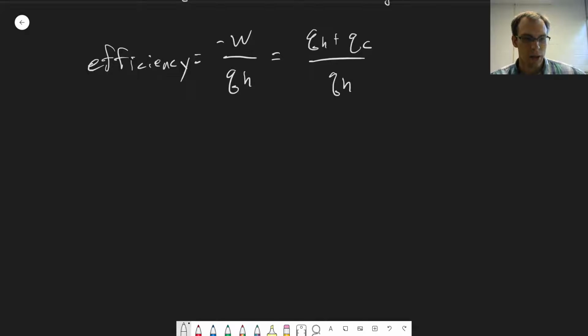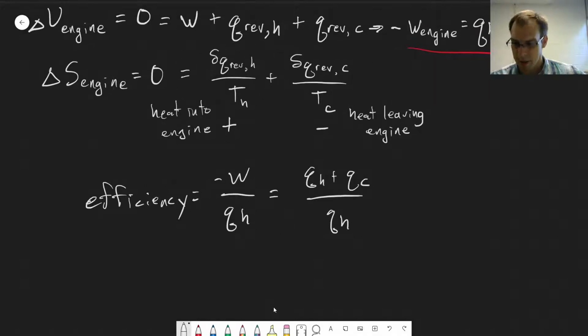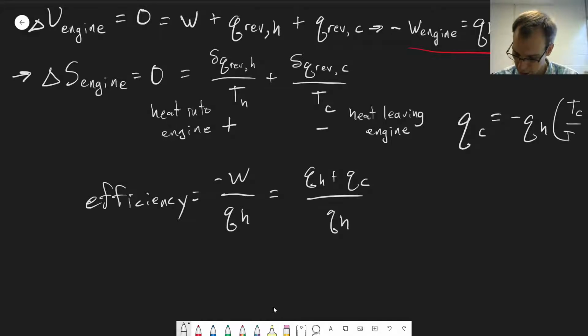Okay, so we've gotten something interesting here, but the other thing we can do is use this delta S equation here to now do things in terms of temperatures. We know that QC is equal to negative QH, just doing some algebra here, times TC over TH. And that just comes from rearranging this expression here. Since that's equal to 0, QH over TH is equal to negative QC over TC, and then we can rearrange that into this expression here.